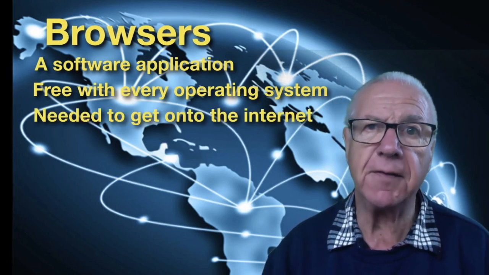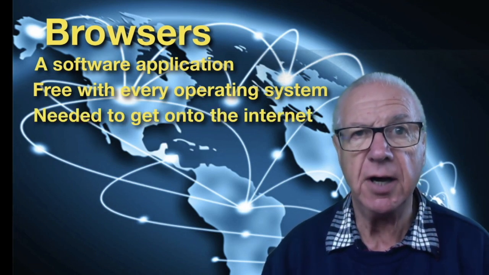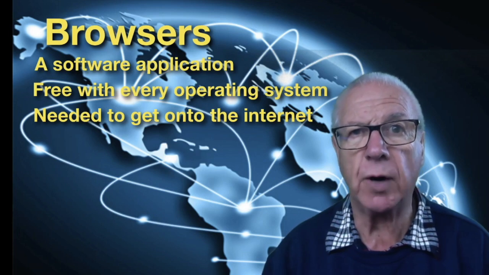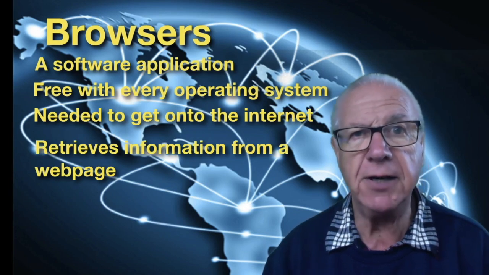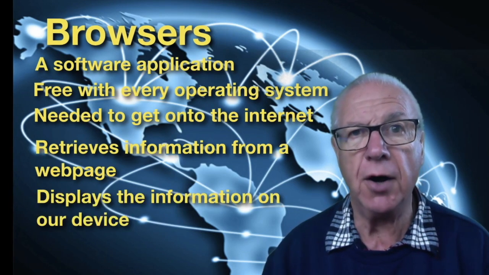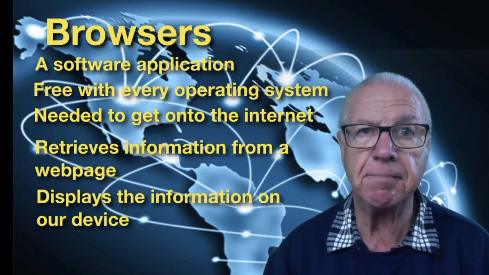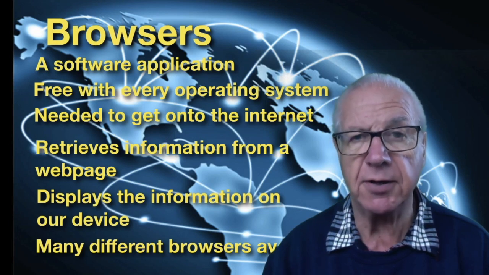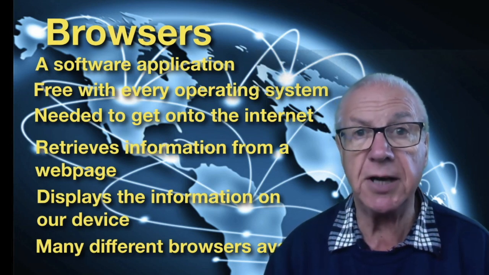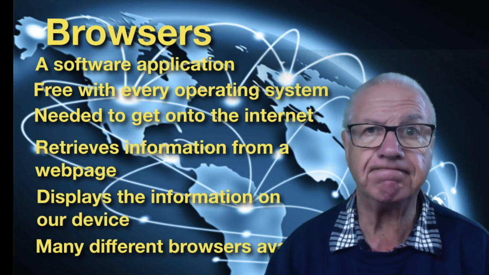We've also found out that they are needed to get onto the internet. There's no way that we can browse the World Wide Web without a browser. And their job is to retrieve information from a web page and then to display this information on our devices. We've also found out that there are many kinds of browsers available to us, and we just have to choose the one that suits us.